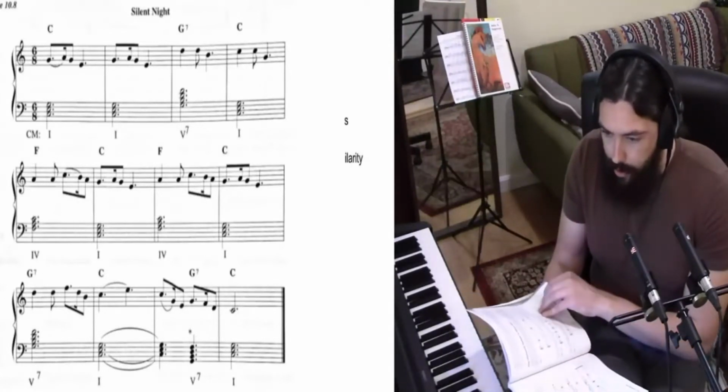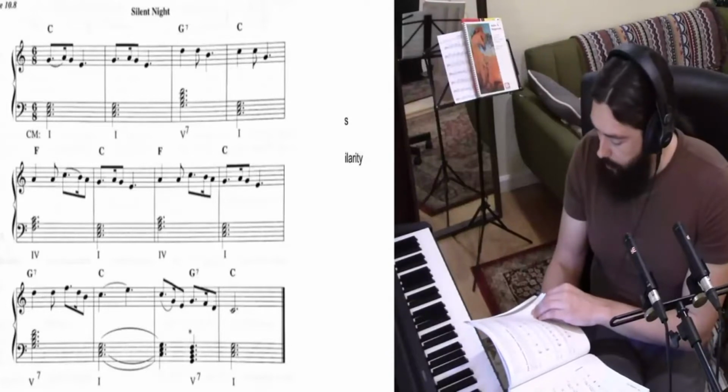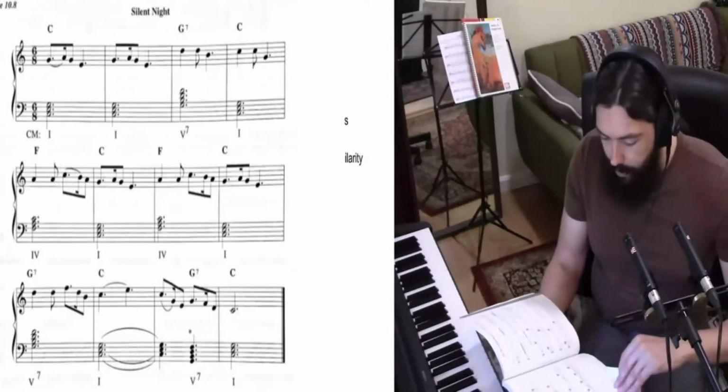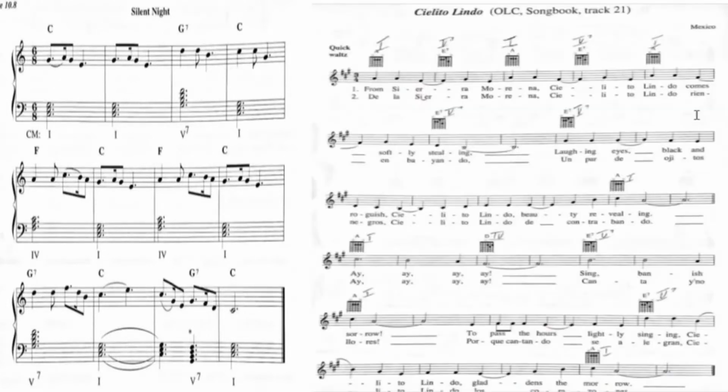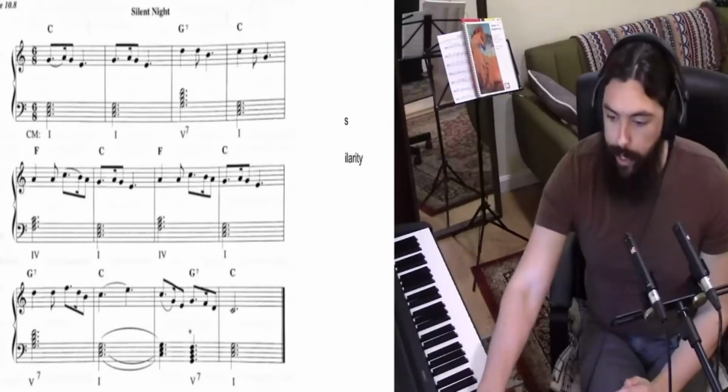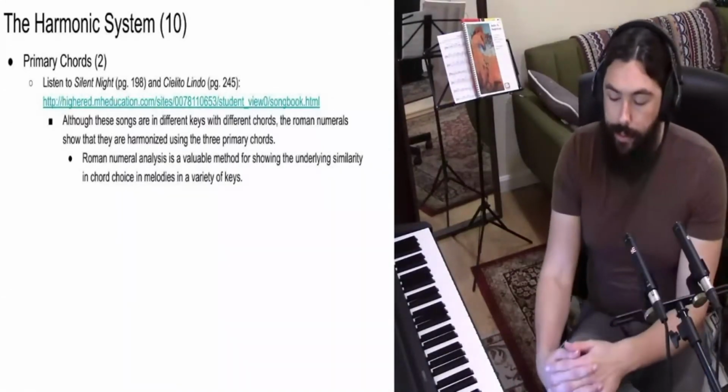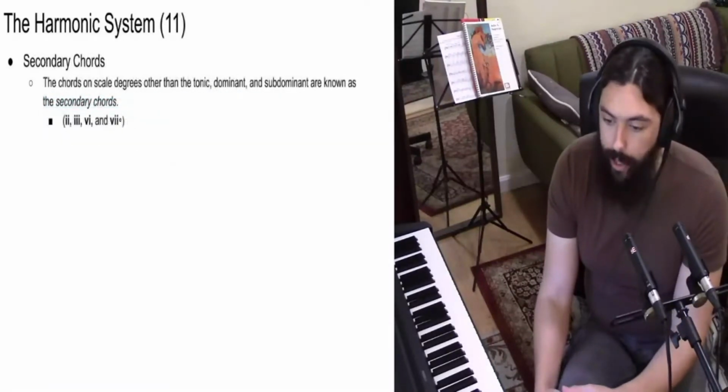And Cielito Lindo on page 245 is in the key of, let's see here, A, right? They still only use 3 kinds of chords, right? Those 1 chords, 4 chords, and 5 chords, okay? All right, so just make that observation, and then let's move on to slide 11.